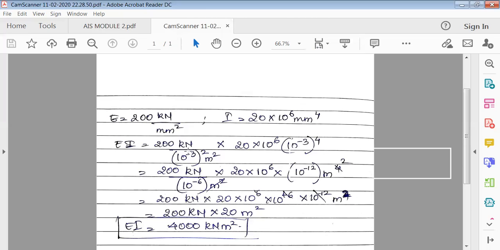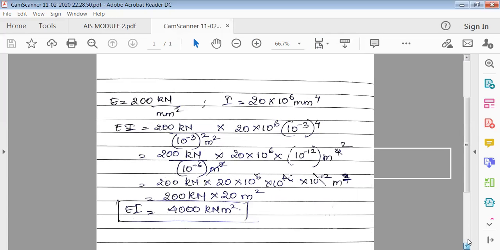Now, 200, write as it is. Keep the units along with this, then it is easy to understand. So it is kilonewton divided by, multiply this: 3 twos are 6, so it is 10 to the power minus 6, and this is meter square. This is 20 into 10 to the power 6, and 4 threes are 12, so it is minus 12, meter raised to 4.